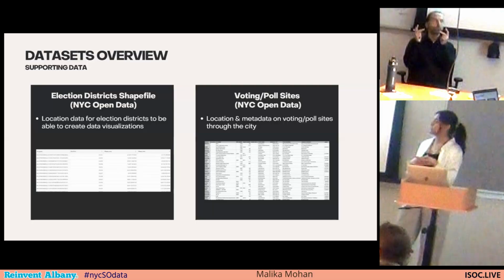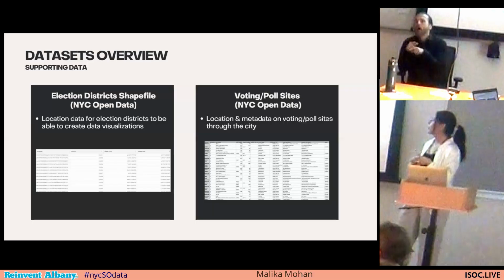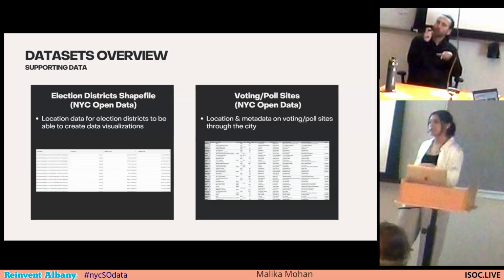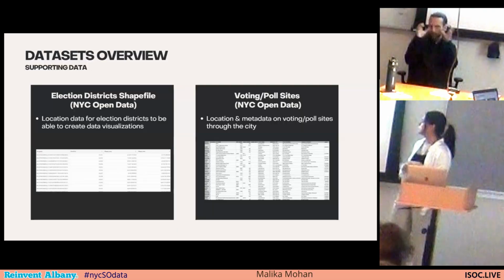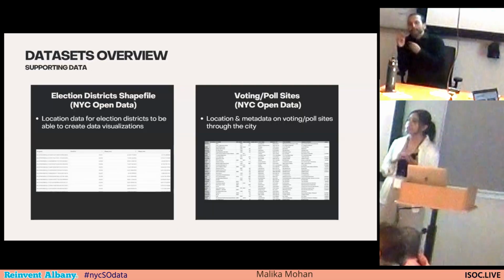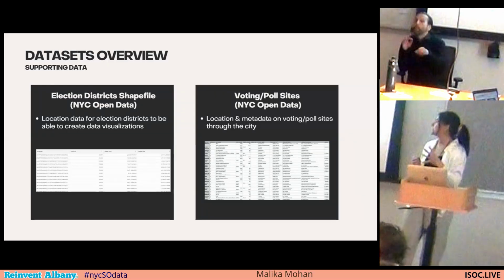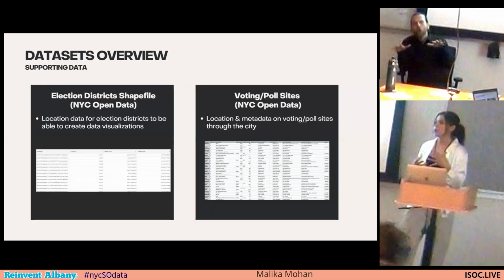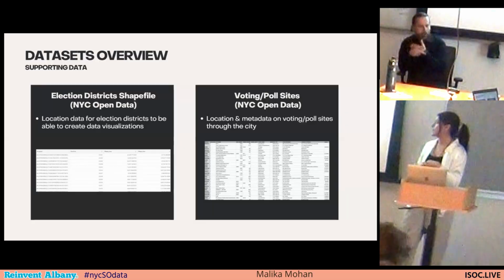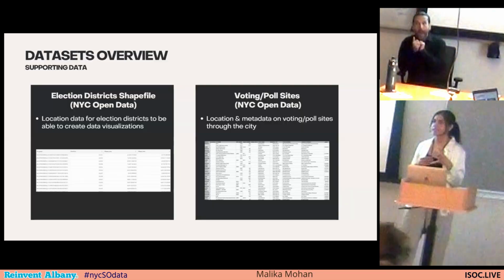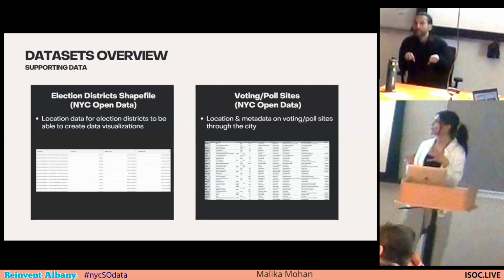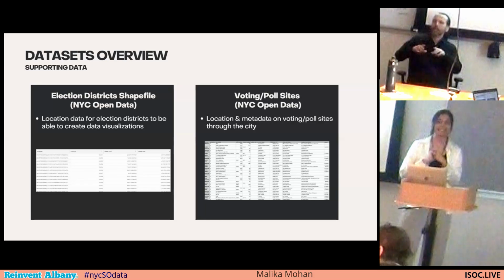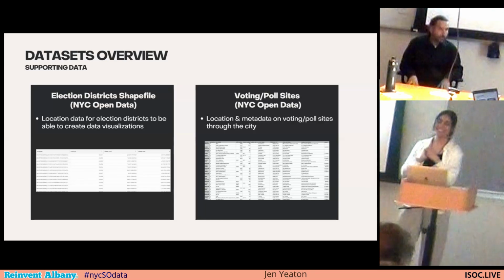And then there's also some information on poll sites, where they again have that geolocation information available if you want to build out data visualizations, as well as metadata about things like the accessibility of poll sites and how that looks in different neighborhoods, which will help answer more targeted program questions or help us understand how things like polling sites are placed and distributed in certain neighborhoods. Next slide. Yes, thank you.